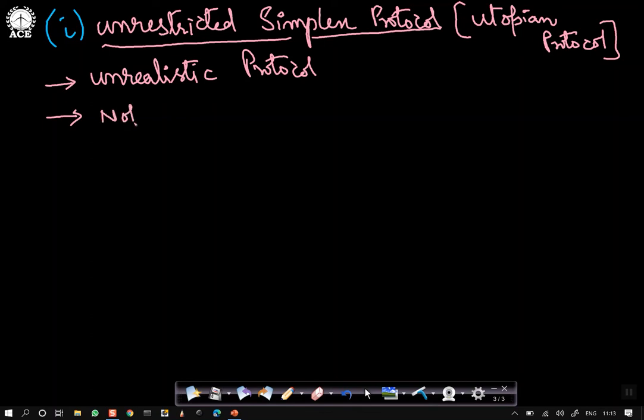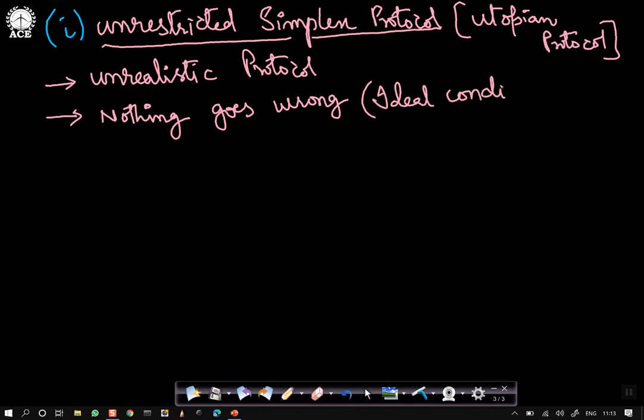Because here we assume nothing goes wrong. No errors. Conditions are ideal. The machine will never crash, the channel is error free, noise free. That is the meaning of unrealistic, perfect conditions.